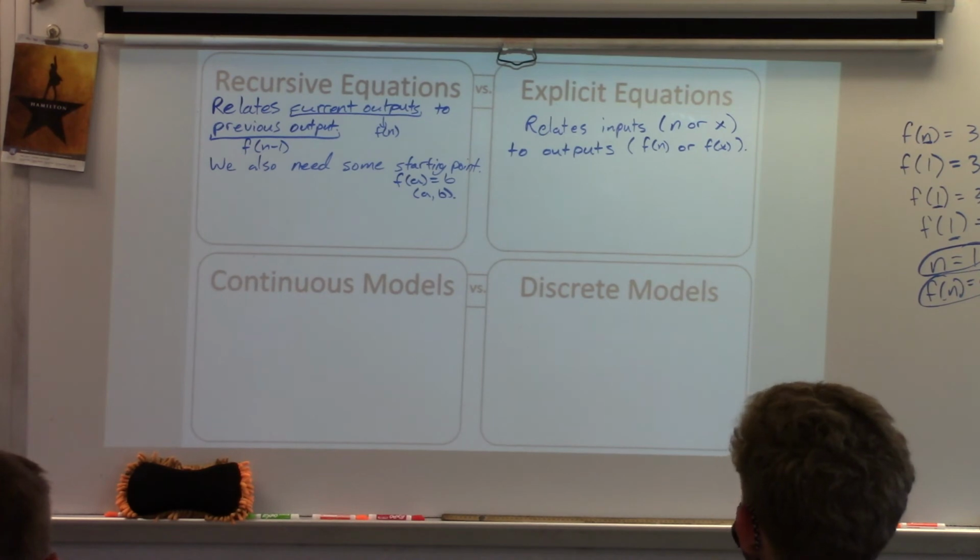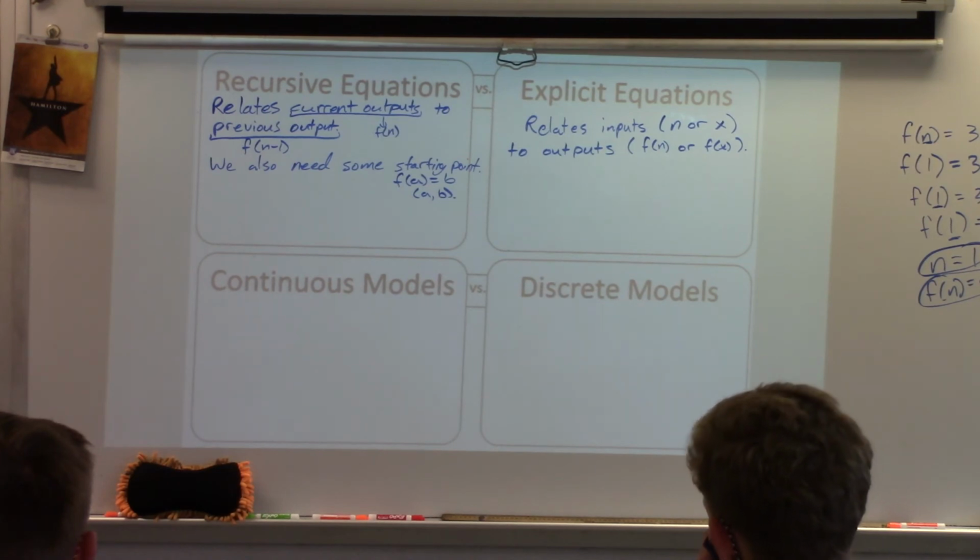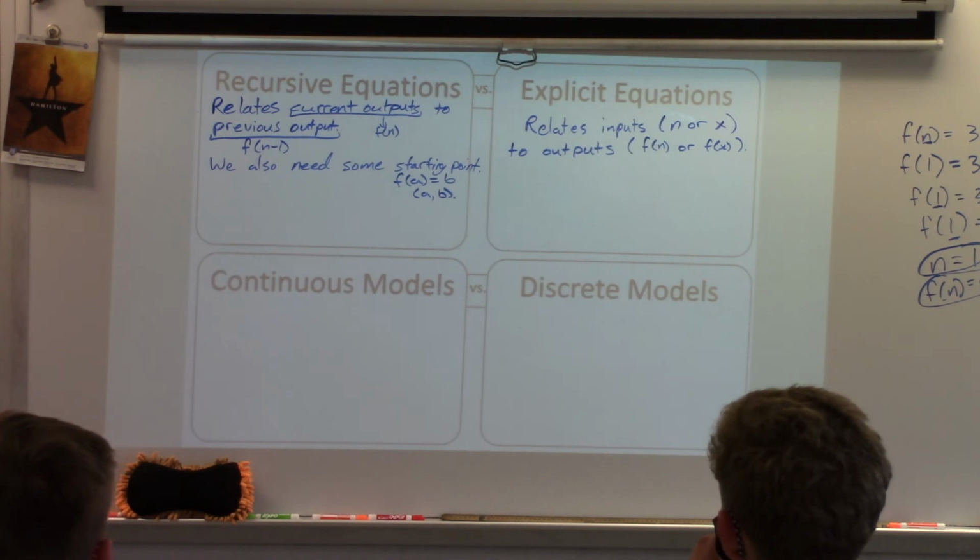May you repeat the question? A recursive equation, can that be used for a discrete model or a continuous model, or can it be used for both? Same question for explicit. A continuous? Both?